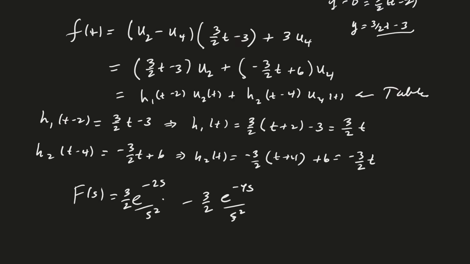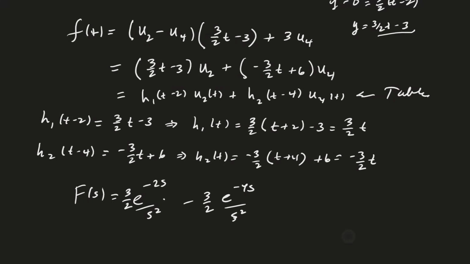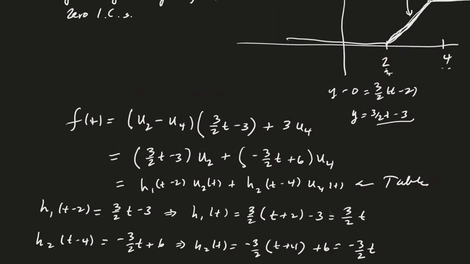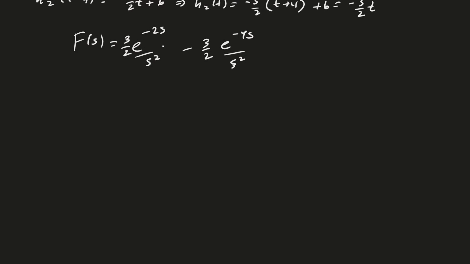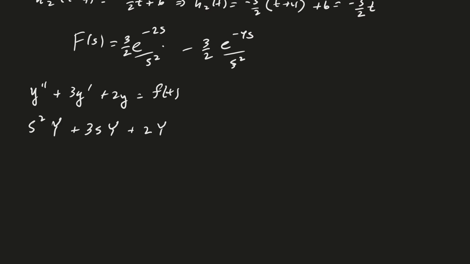We're going to rewrite that in just a second, but let's go back to our differential equation now that we've gotten our F of s. When I take the Laplace transform of both sides, I said that we were having 0 initial conditions, so that zeroes everything out except for my capital Y terms.